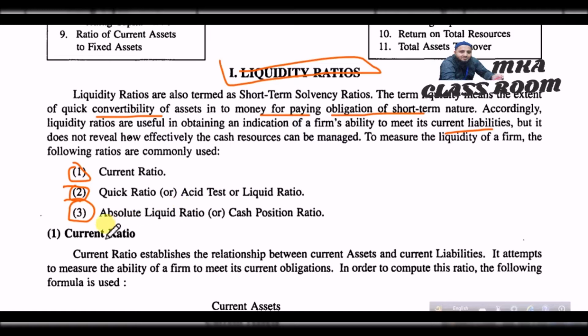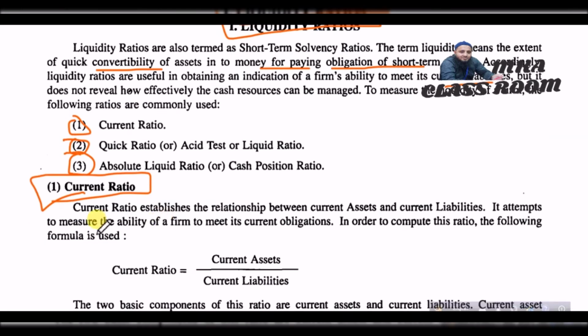First of all, we will try to start from current ratios. Current ratio establishes the relationship between current asset and current liabilities. It attempts to measure the ability of a firm to meet its current obligations.